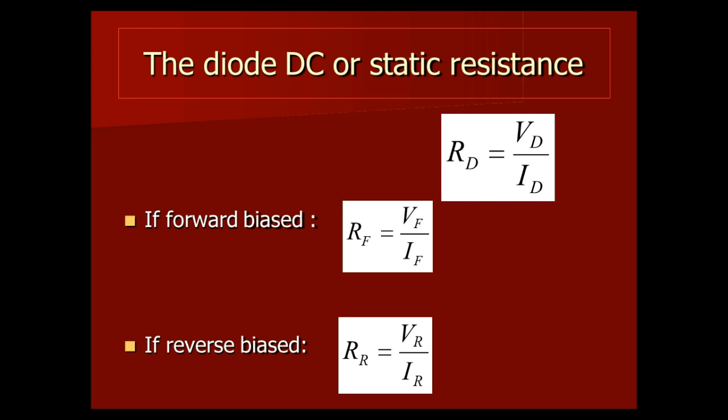Just the suffix D is added to represent diode. If forward biased, the suffix is F: VF divided by IF. Similarly, if reverse biased, R is the suffix. This is called static resistance or DC resistance. Why? Because this will be a constant one, this won't change.